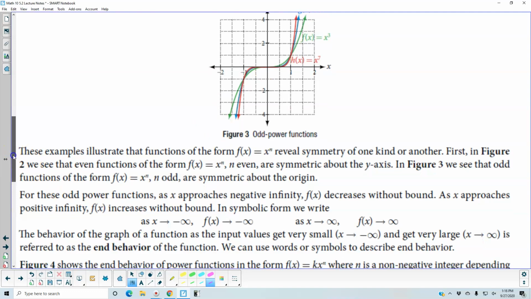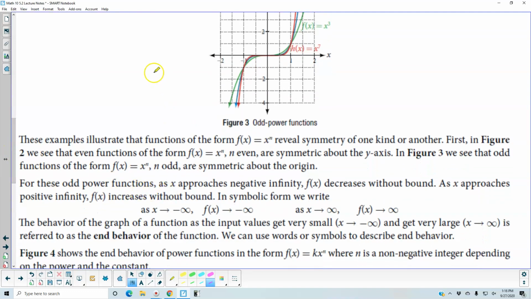Now, for these odd power functions, as x approaches negative infinity, meaning I'm going from 0 to negative infinity, the function f of x is going down, which means f of x is decreasing without bound.